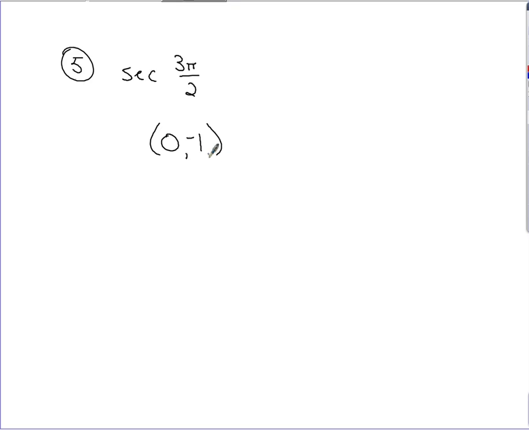Secant, well, that's the reciprocal of cosine, right? Cosine would go with this x value of 0. What is the reciprocal, though, of 0 since we're finding secant? Reciprocal of 0 is undefined. Doesn't work. So here the secant of 3 pi over 2 would be undefined.